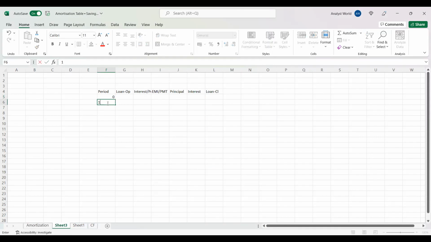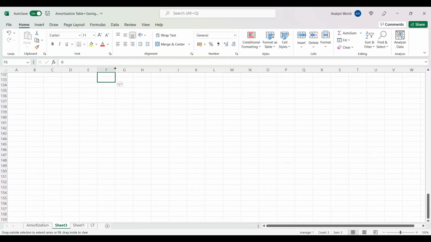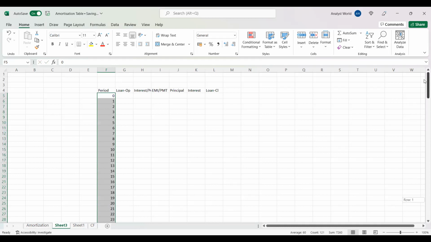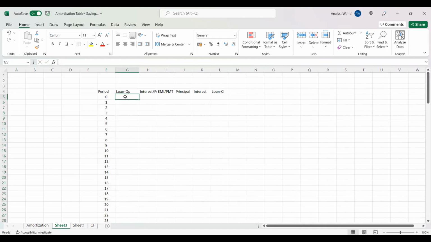That is 0, 1, 2, and then we go on. Okay. All right. So we have now mapped 120 months, because we are talking about 10 years. Now, what was the loan?